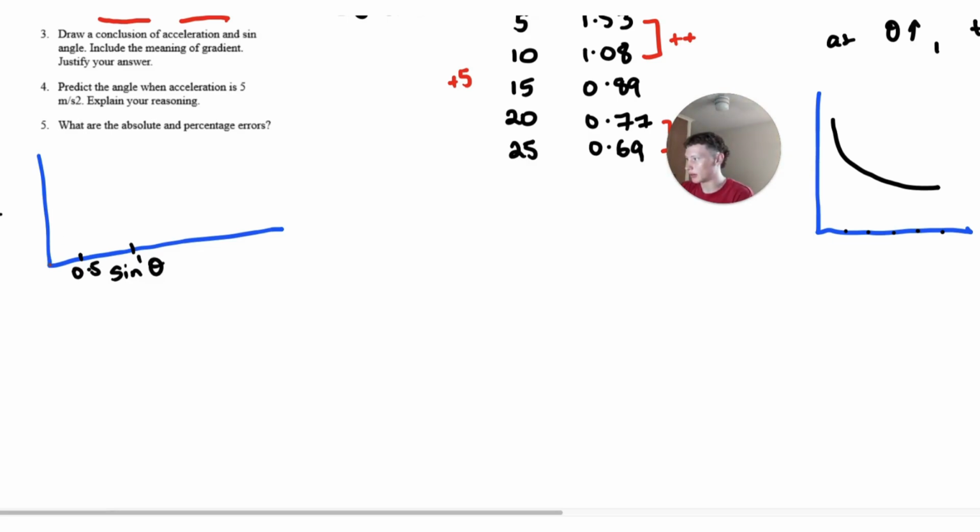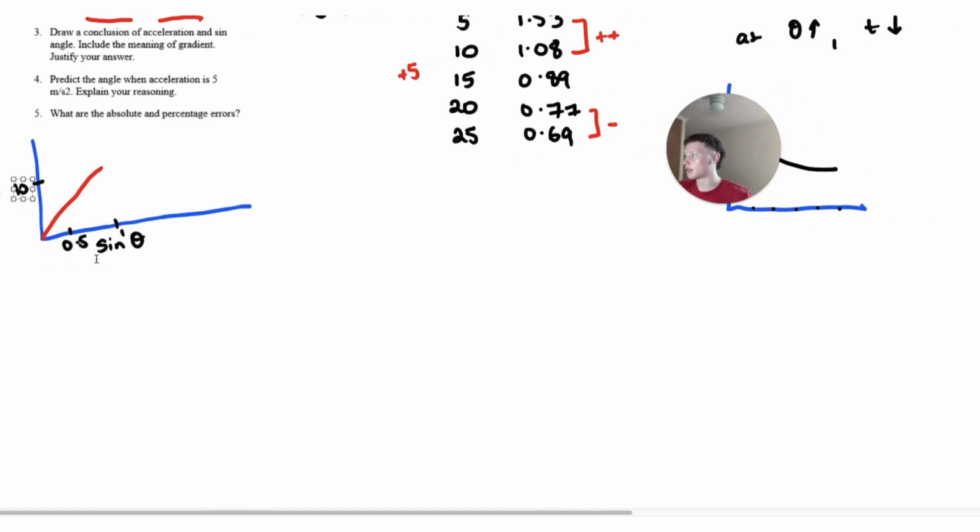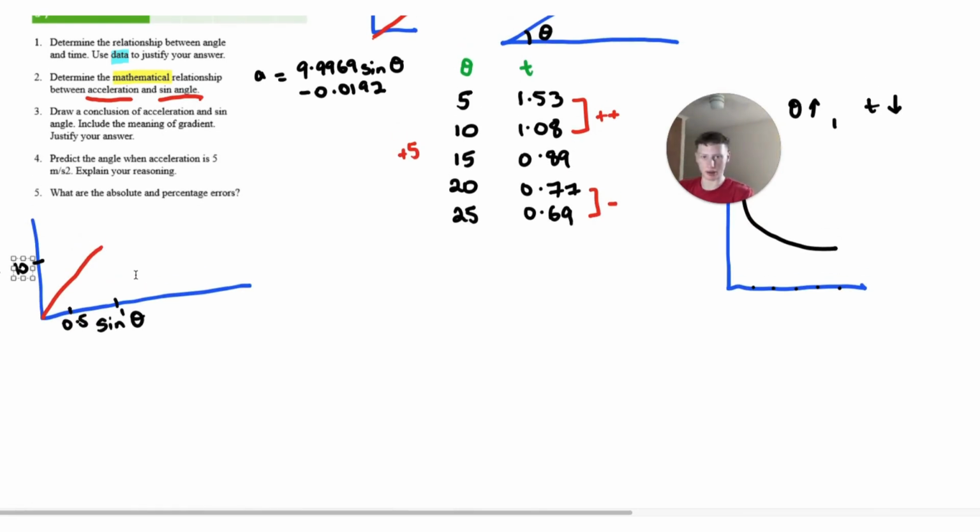It can go from 0 up to 10, basically. And so if I need to draw a conclusion about that and include the meaning of gradient.